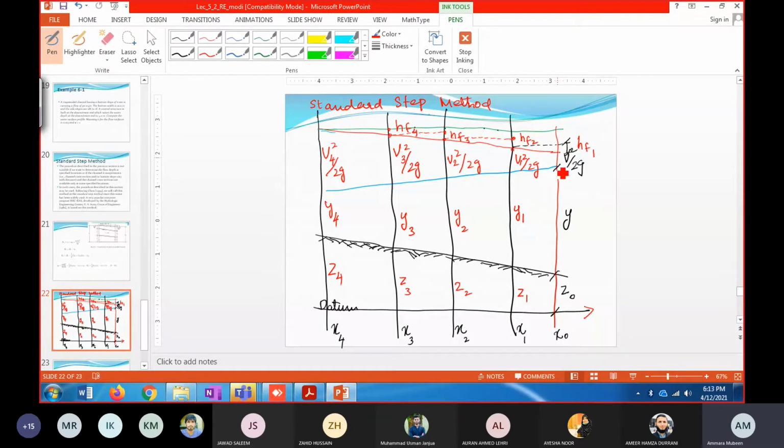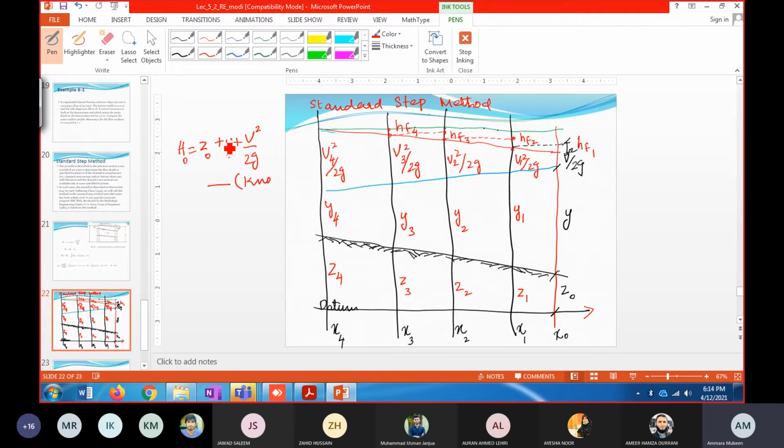These values are given in the question, like z naught and y, and through y you can calculate v square over 2g, and so you can say that H naught is known to you. H naught is the total energy at this section. So it would be Z naught plus Y plus V square over 2G.